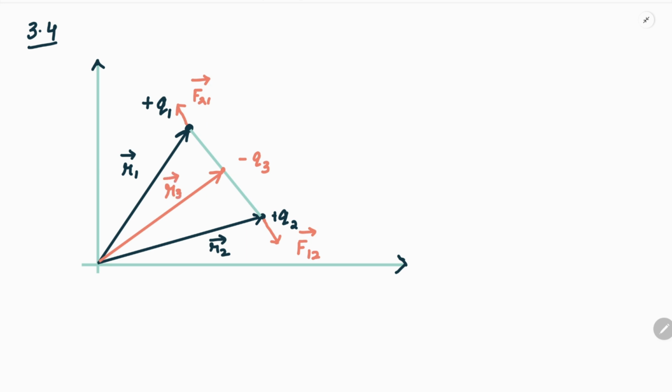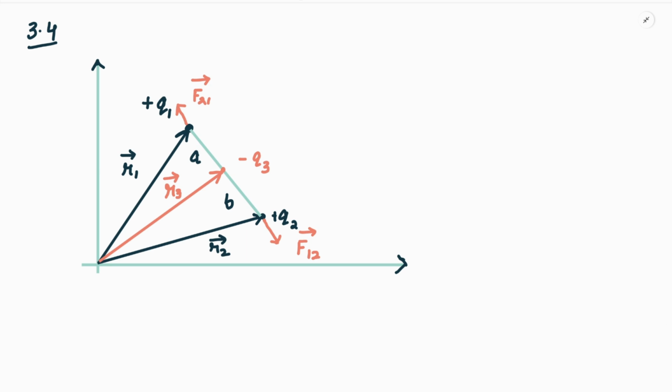So the distance between the first and the third charge, we are considering this as a, and the separation between the third charge and the second charge, we are considering this as b. So over here we can say that the third charge divides the line between the first and second in the ratio a is to b, and the section formula can be applied for evaluation of the position r3 vector.